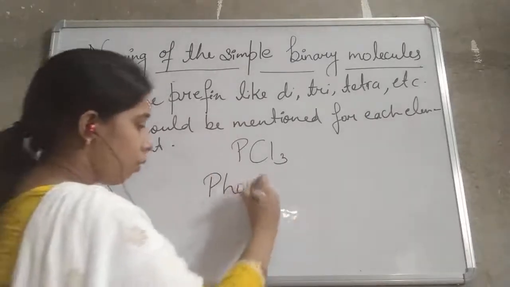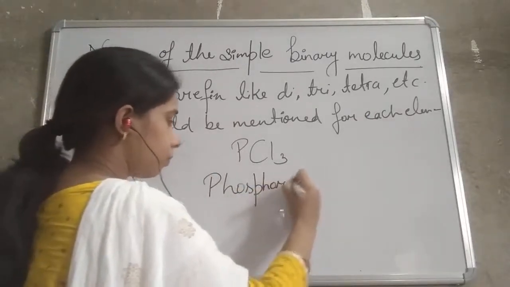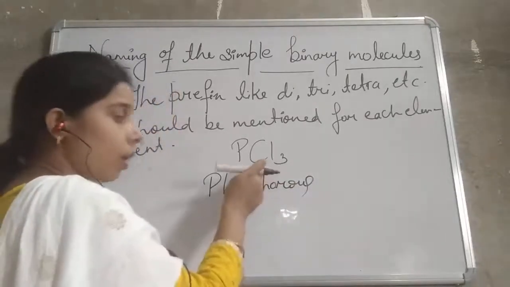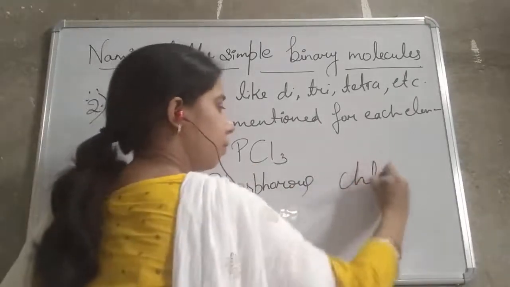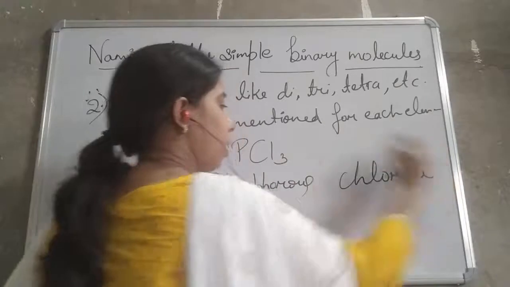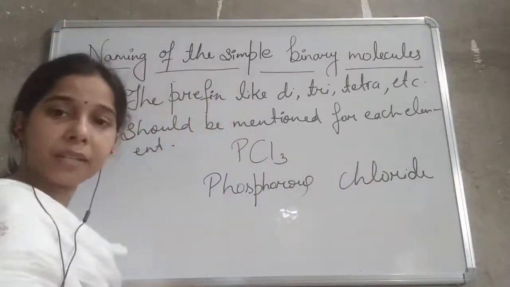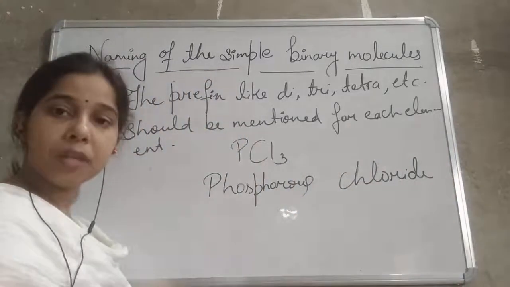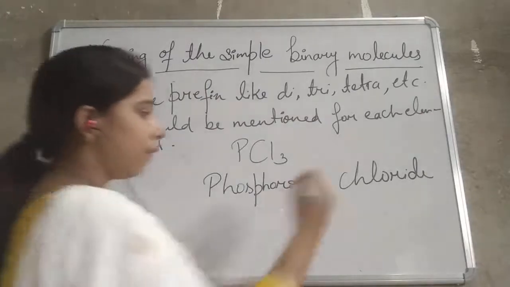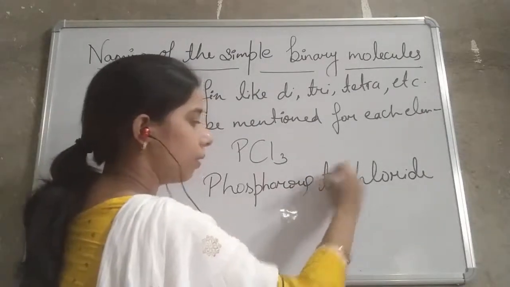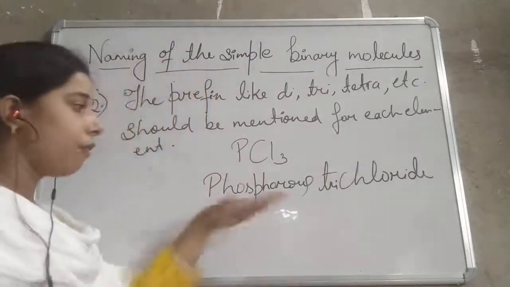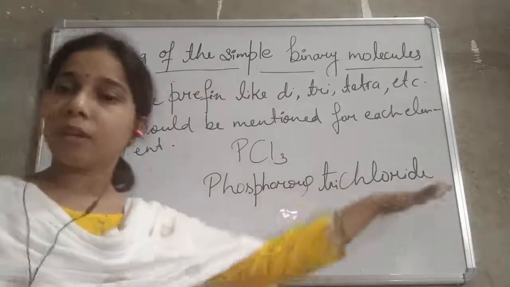So phosphorus chloride. How many chlorine atoms are attached with this particular element? That is 3. So here we will write tri. So the name will be phosphorus trichloride.